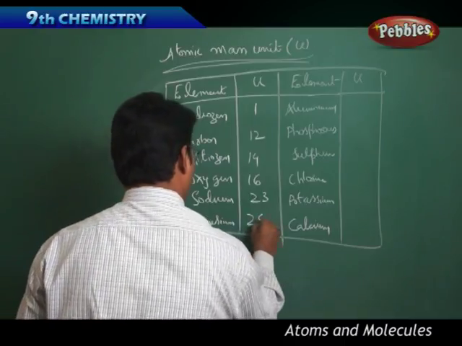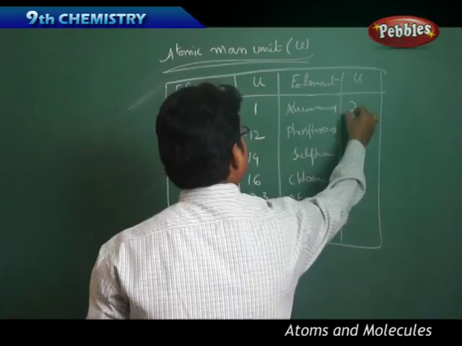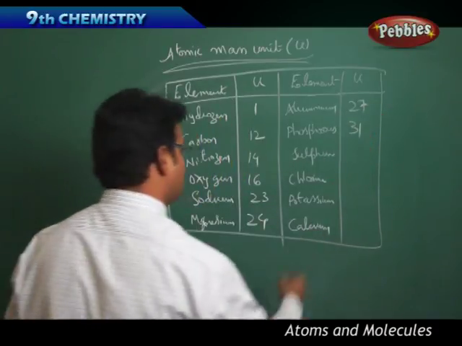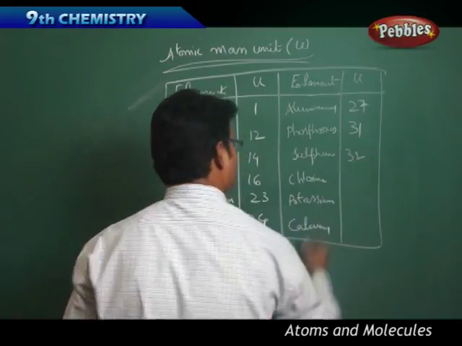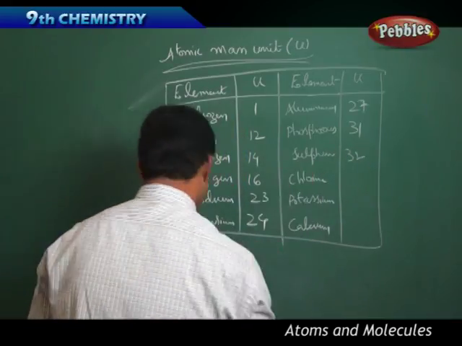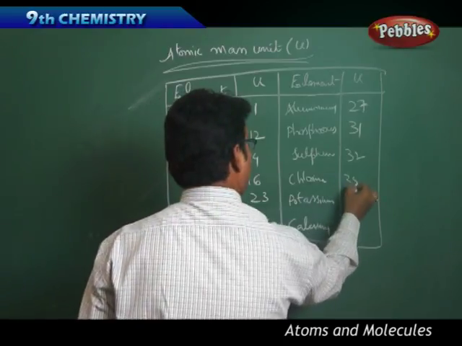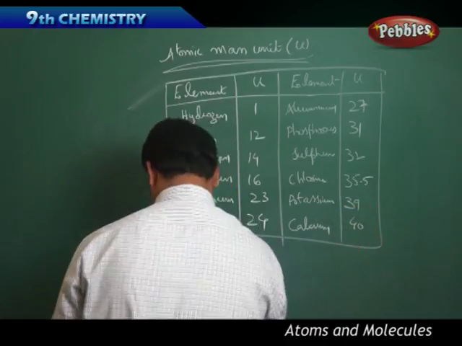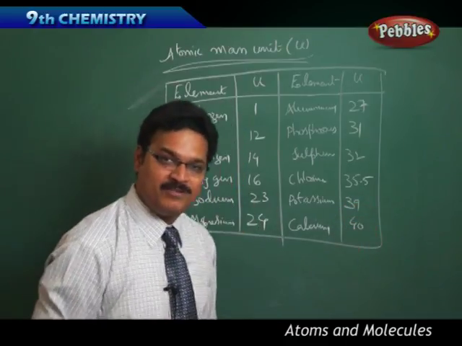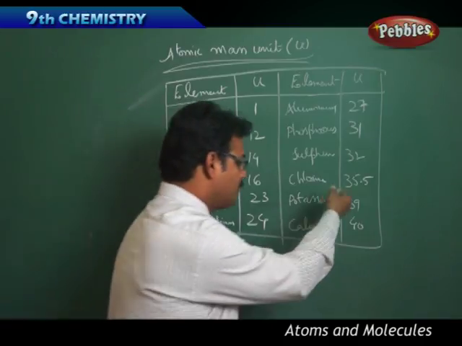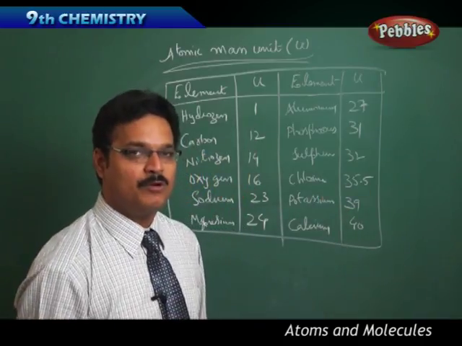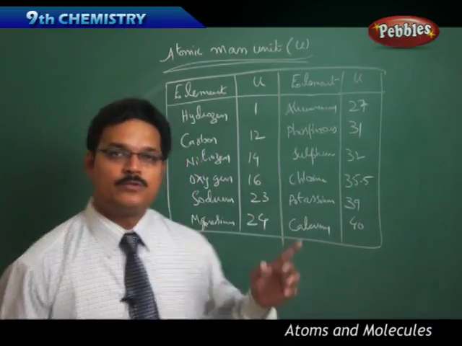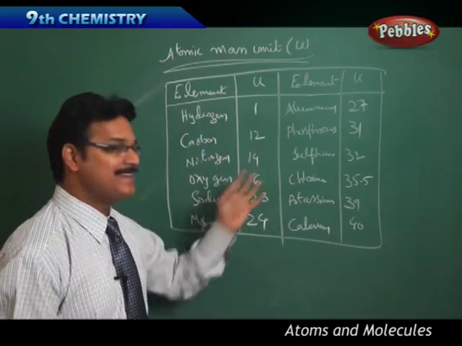Magnesium 24, aluminium 27, phosphorus 31, sulfur 32, see sulfur 16, 32, chlorine 35.5, potassium 39, calcium 40. So chlorine, if you see, 35.5, it's a decimal number. Of course you can write 36, but the perfect number, you should write with the decimals. So we have learned about the atomic mass unit of different atoms.